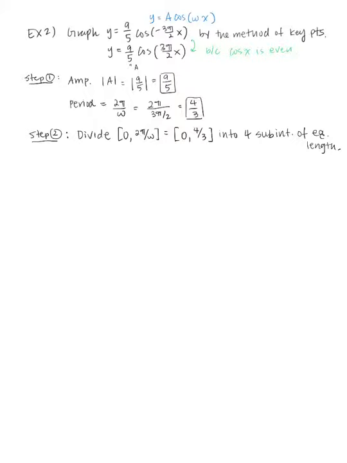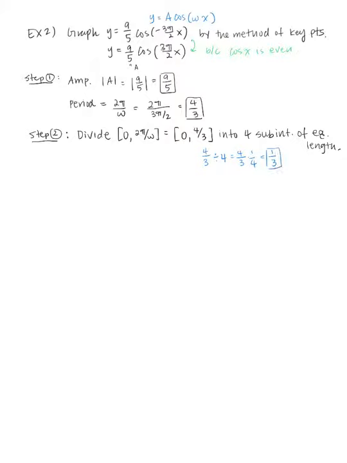Let's see what the increment is going to be. To find the increment, take the whole interval 4/3 and divide that by 4, so 4/3 multiplied by 1/4. Each increment is going to be 1/3.